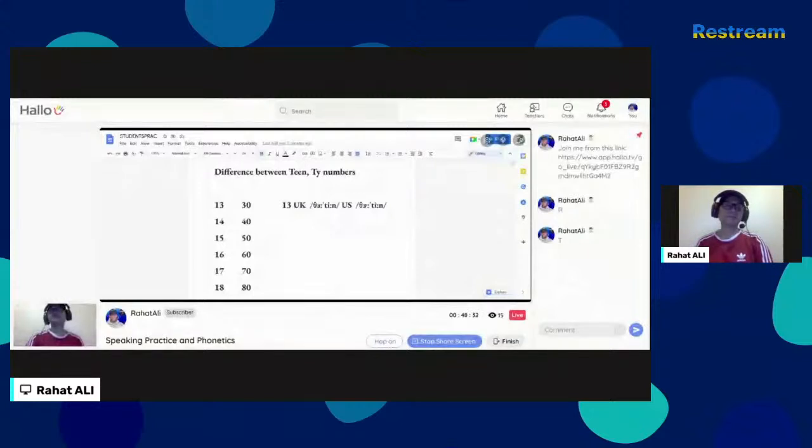Now, when it is a T number, we're stressing on the first syllable, so it is THIR-ty. Okay, so let's write it again.